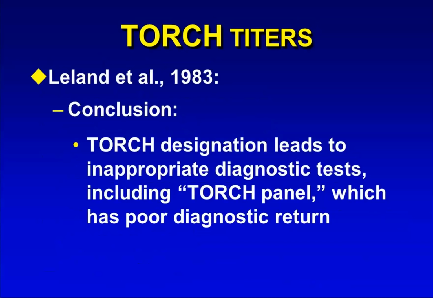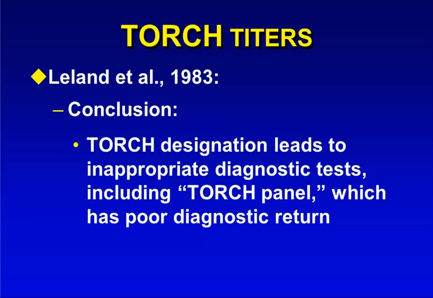Her conclusion, which I support, is that the TORCH designation leads to inappropriate diagnostic tests, including the TORCH panel, which has very poor diagnostic return. All of us clinicians who have dealt with circumstances in neonates in which the mother and the baby get this panel of studies generally don't know what to do with them if they're positive, because it could all be maternal.